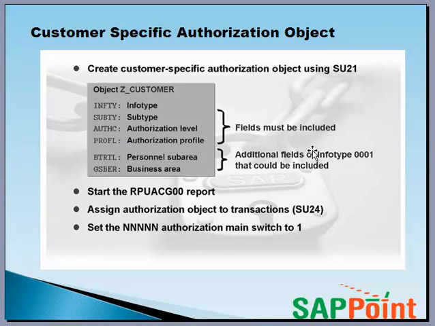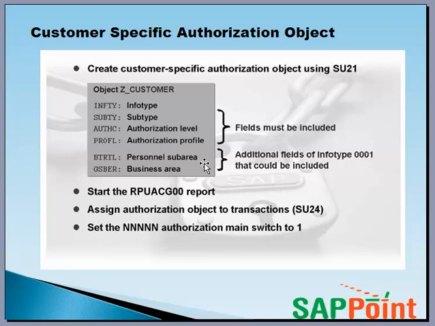Now, apart from the field values that P_origin and P_orgexec contain, if you want to build security to restrict data beyond the fields that these two objects provide, you can do so by taking, let's say, a personal sub-area field from info type 1 and building security around that.